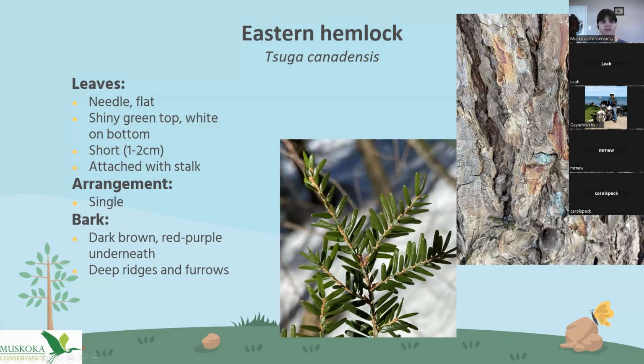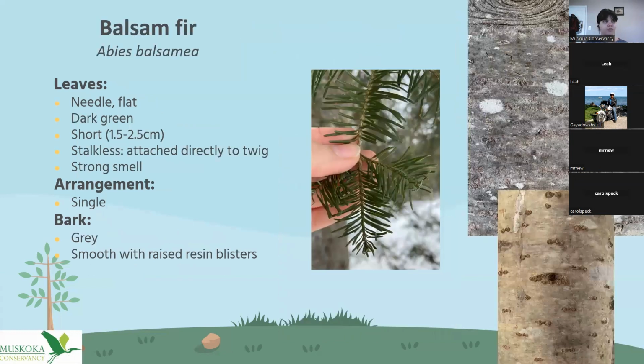It is often confused with the next species we're looking at, which is our balsam fir. That's because these are our two main species that have the flat needles that are coming out singly from the branch. This one is dark green as well. These are the main two differences. The balsam fir is a little bit longer, so it is noticeably longer when you're looking at them side by side.